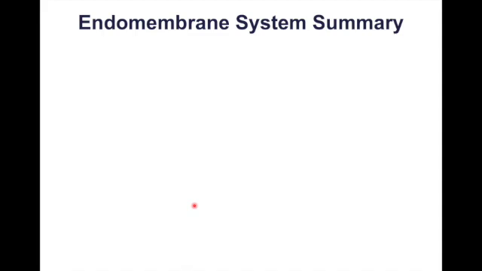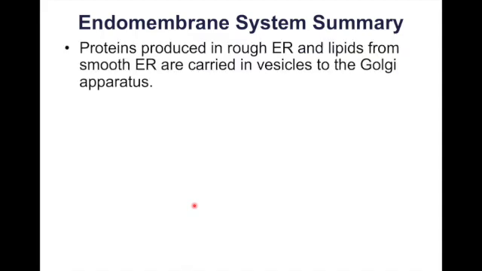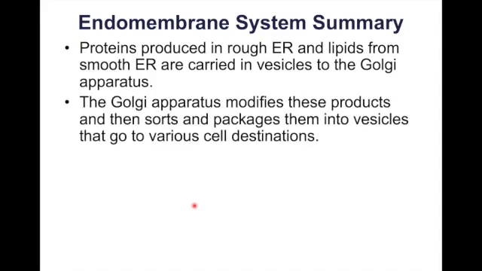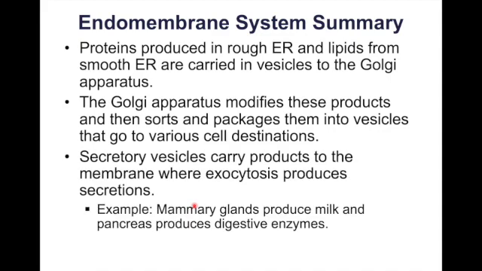So, quick summary of our endomembrane system. Proteins made in the rough ER, lipids in the smooth ER, and then they're transported to the Golgi. The Golgi modifies these, packages them into vesicles, and sends them out to the cell, maybe other places in the cell, maybe extracellularly, through the vesicles. Exocytosis is things moving out, exiting the cell.